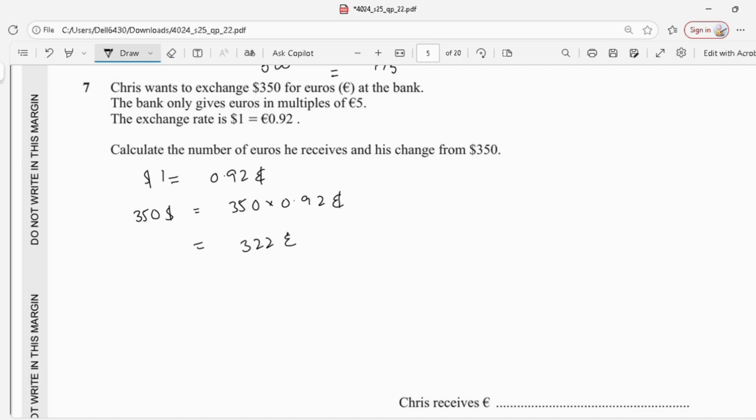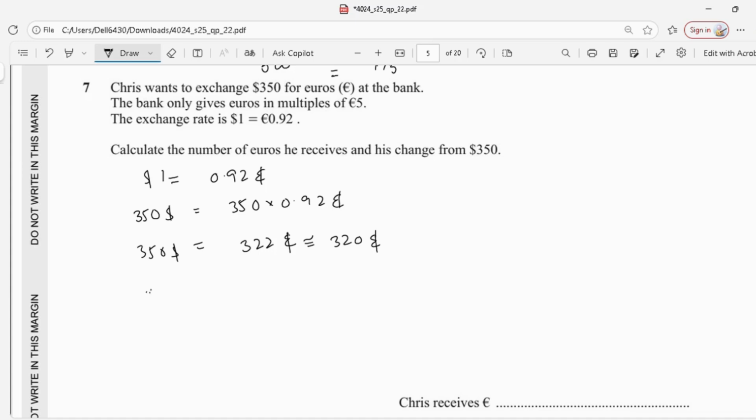322 euros. Since the bank only gives euros in multiples of 5, the nearest multiple of 5 is 320. So the bank will give 320 euros. Now what will be the change? We have to calculate the change from $350.